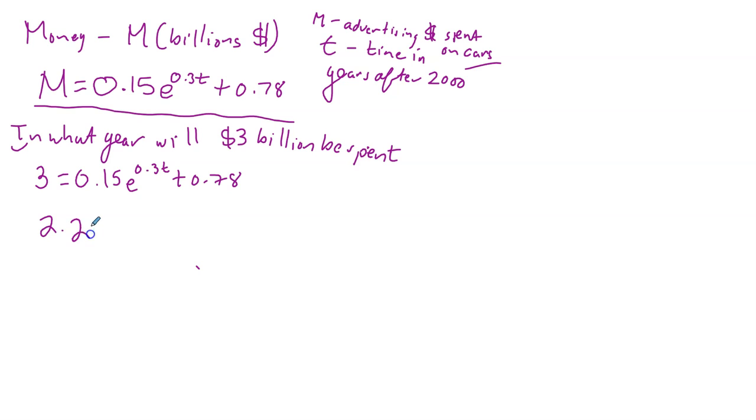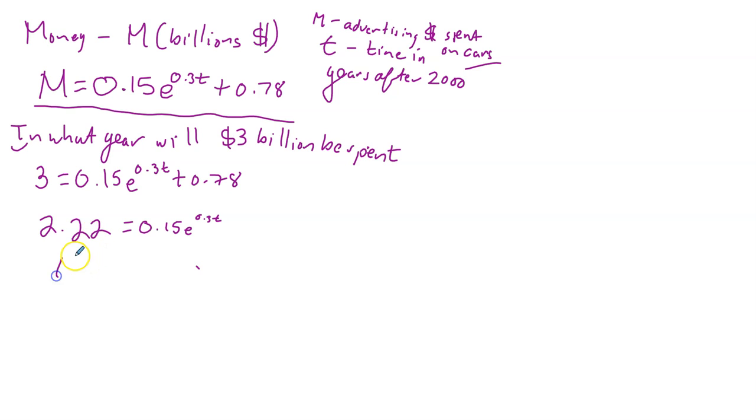So 2.22 is equal to 0.15 E to the 0.3 T. And we can't use any of our laws or any of our solving things when we have an exponential function times something. So we're going to divide both sides by 0.15.